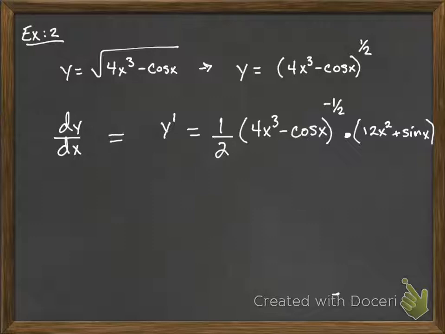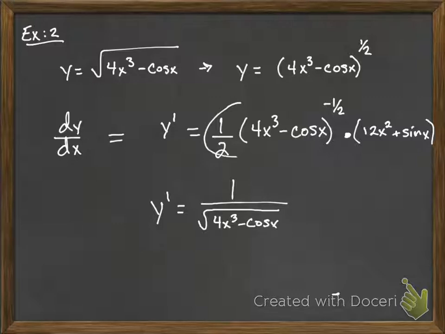All right. So you could leave it like this. You could simplify this a little bit. If you wanted to get rid of the negative 1/2 power, you could say this is 1 over the square root of all that in the bottom, times your 12x squared plus sine x.